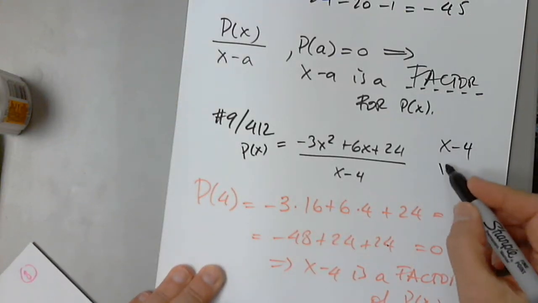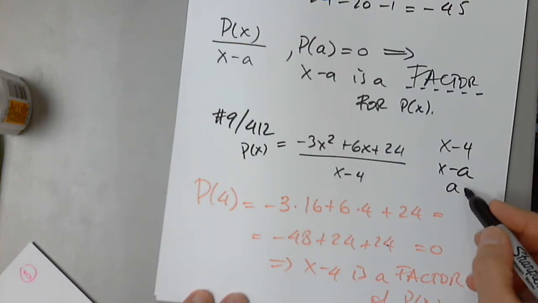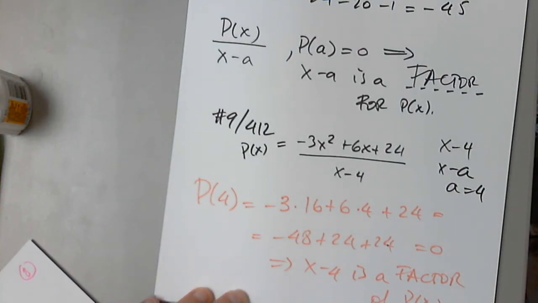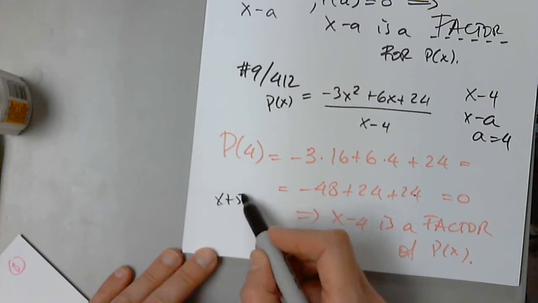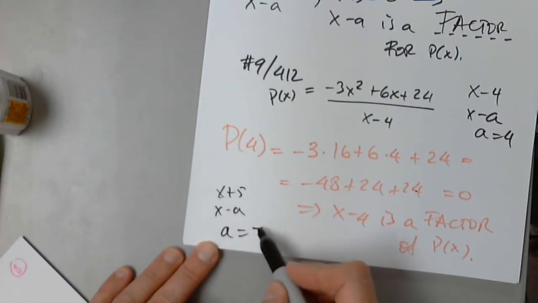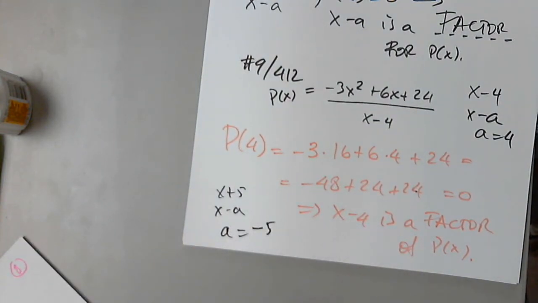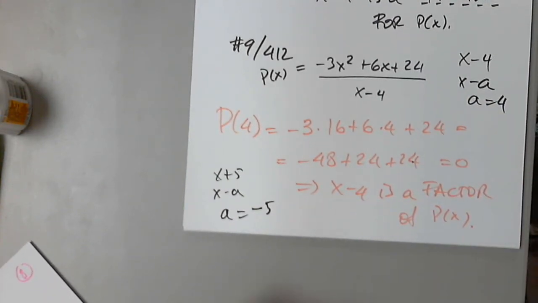So x minus 4 compared to x minus a tells us that a must be 4. If you compare x plus 5 to x minus a, that tells us that a must be negative 5. Once we plug it in and get the answer, that's the remainder. If you use synthetic division or long division, you will get the same remainder, but you will work much harder because we're not interested in the quotient at this moment.